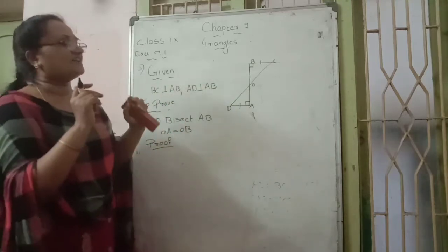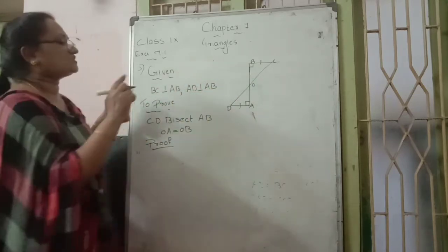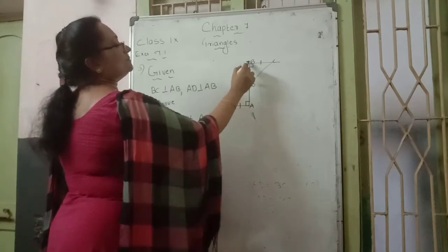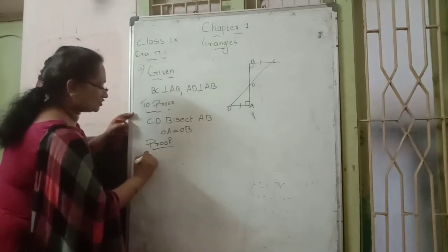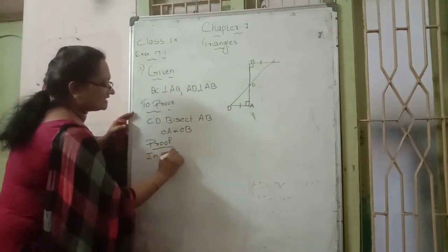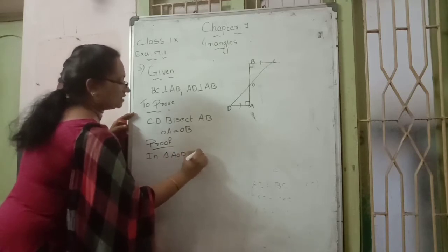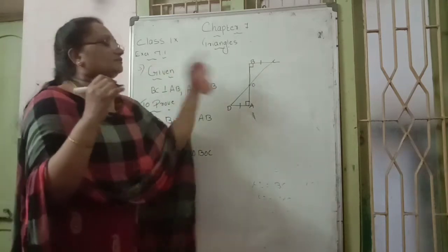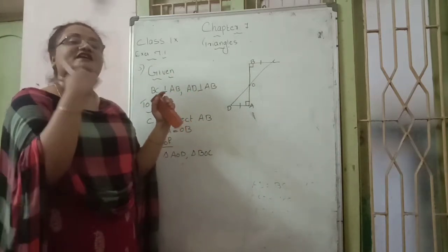Here in this diagram, how many triangles are there? Two triangles are there. Which are they? OAD, OBC triangles are there. So we can consider those two triangles. In triangle AOD and triangle BOC, consider them. Then we want to prove any three elements.